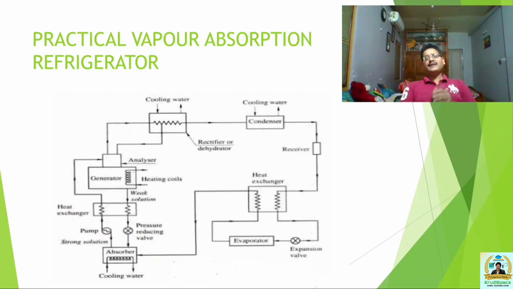Another advantage is that as a compressor is not being employed, we rather use heat energy. For that reason, you can use it in places where electricity is not available. To operate a pump, we can take the help of a small battery.